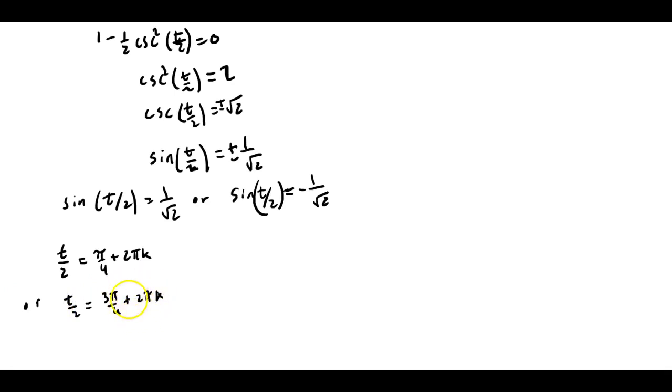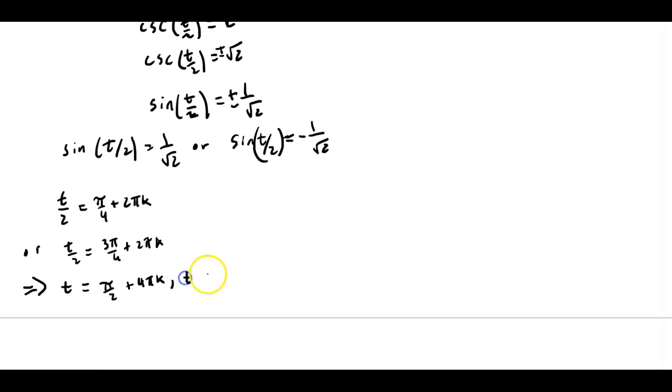Alright, and then solving for t, this implies that t will be equal to pi over 2 plus 4 pi k, or t will be equal to 3 pi over 2 plus 4 pi k.